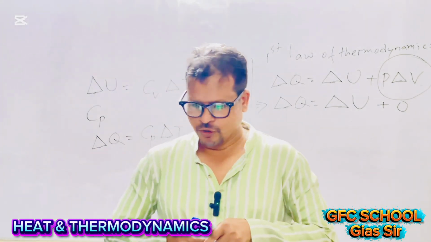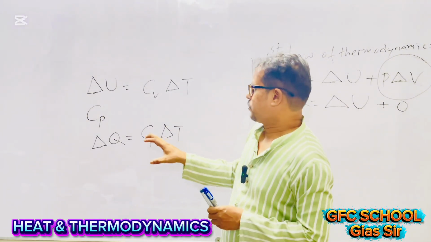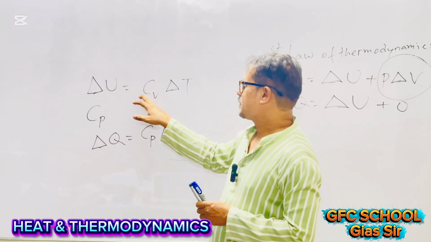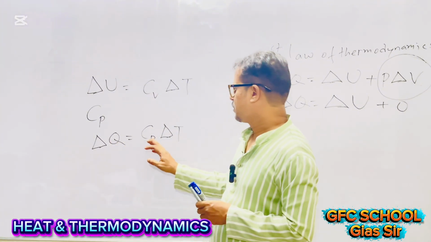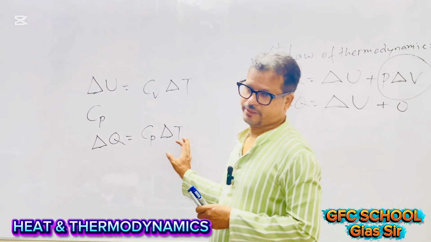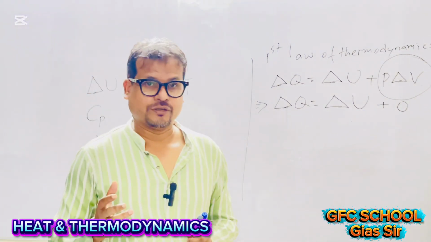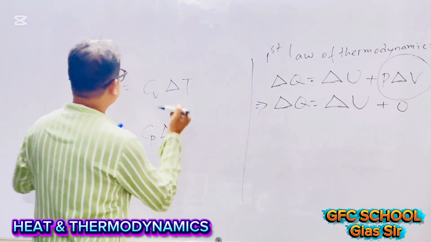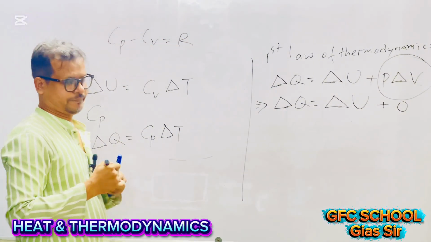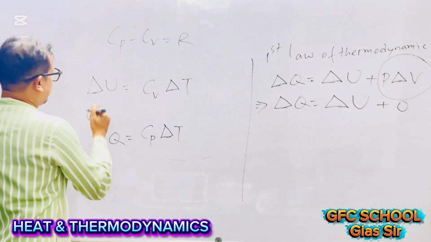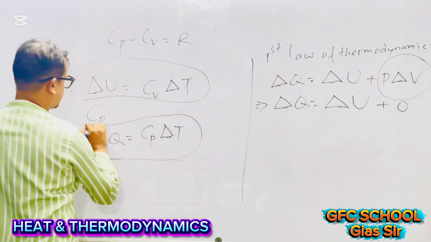That means two relations we got: one is del U equal to Cv del T, another del Q equal to Cp del T. These two correlations will be needed for proving Cp minus Cv equal to R.